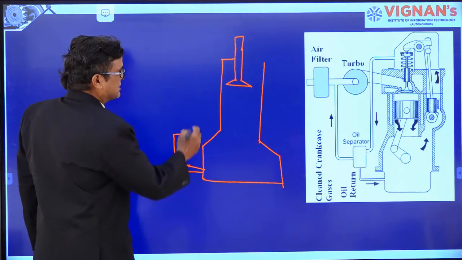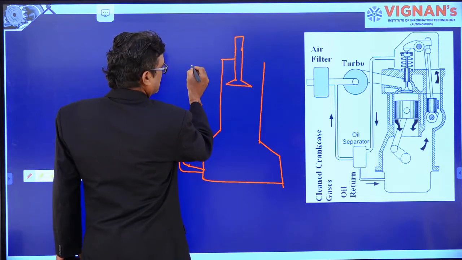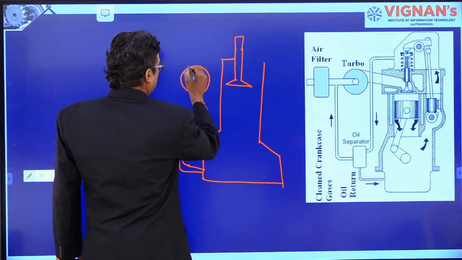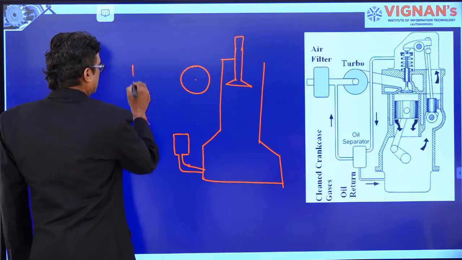The schematic will be like this. This is the turbine and this is the air filter.